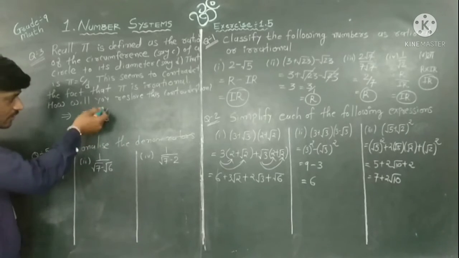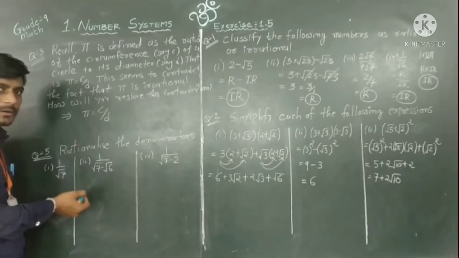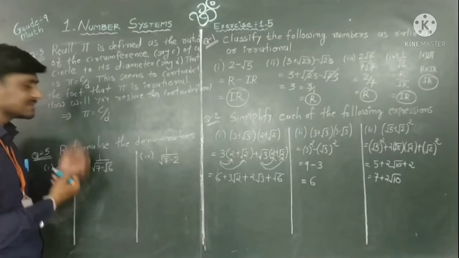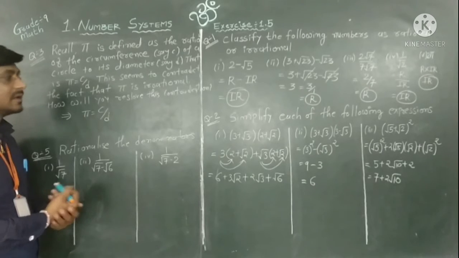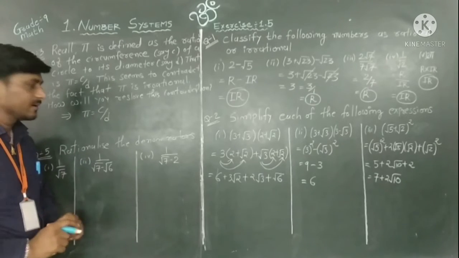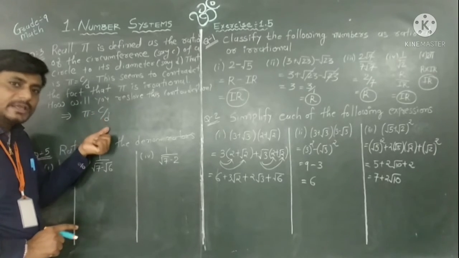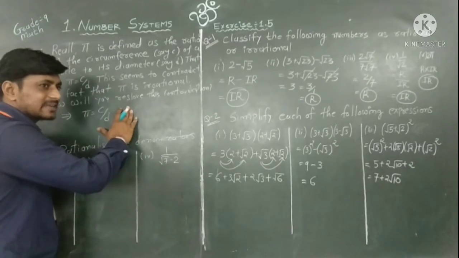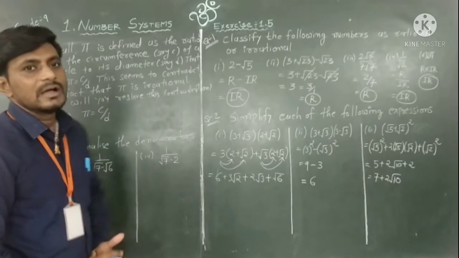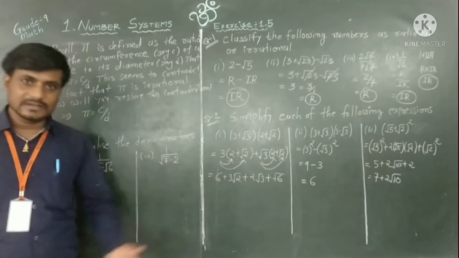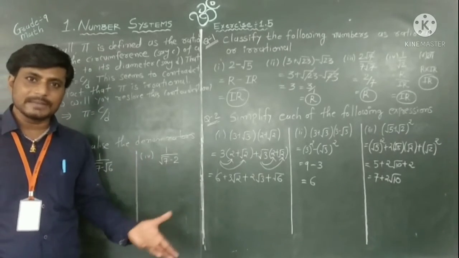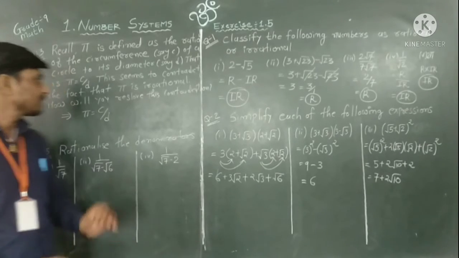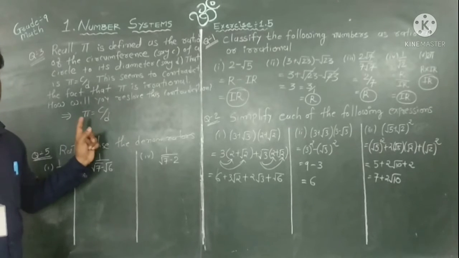This is already p by q form, and we know that p by q form is a rational number, but pi is irrational. How is it possible? It is possible when either C or D or both are irrational numbers. So as the reason for this example we have to write down either C, that means circumference, or D, that means diameter, or both circumference and diameter are irrational. That's why pi is an irrational number.